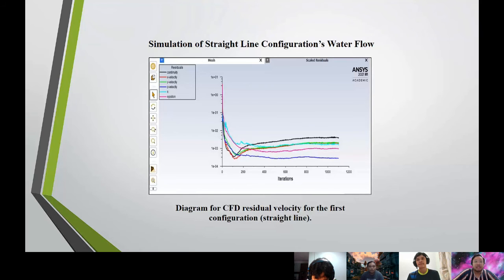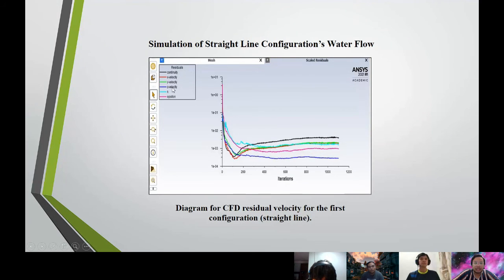So we can see here, for the straight line configuration, we can determine that the water flow moves in a certain pattern. As you can see here, for x and y velocity, as it starts, the graph drops and then increases slightly up here.